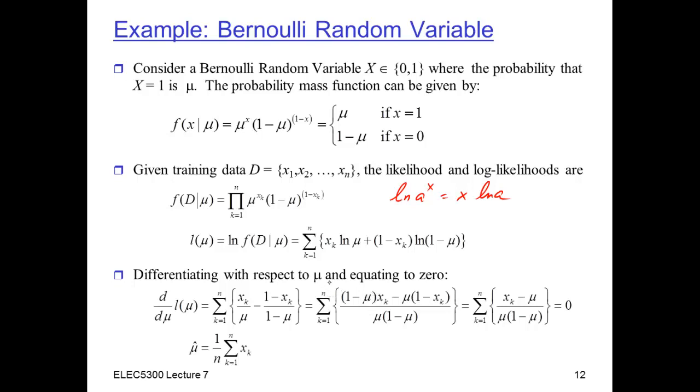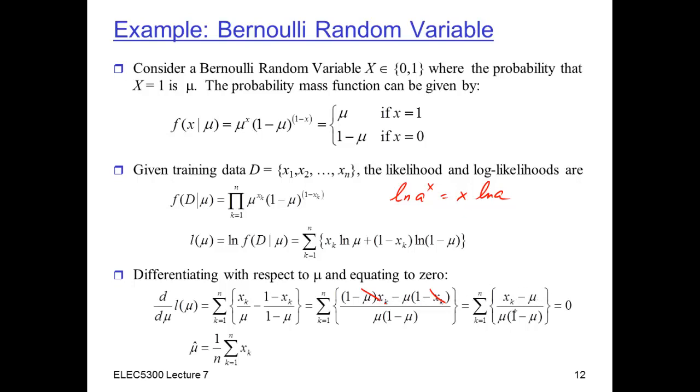And then you can see there's a cancellation. What I get is a mu x here, and a minus mu x here, so this thing cancels out. Now all I get is a 1 times x, or xk, minus mu times 1, or mu.